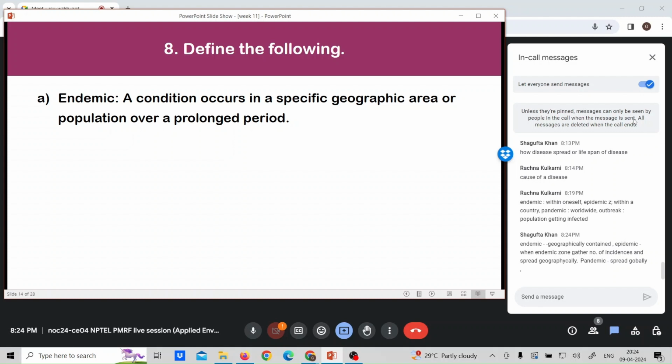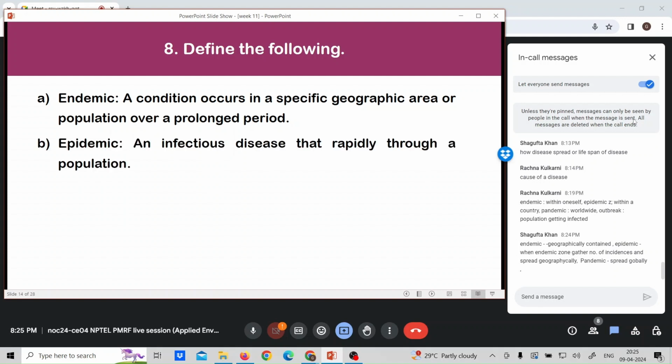Mostly these diseases will be infectious. So, endemic, pandemic, epidemic, at least in this course we are concerned with those that are infectious because we studied microbiology. In the case of endemic, it's very specific that it pertains to a specific geographic location and or a population for a prolonged period.